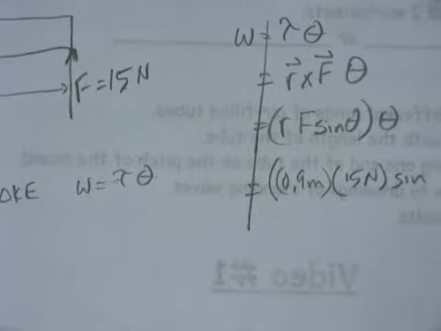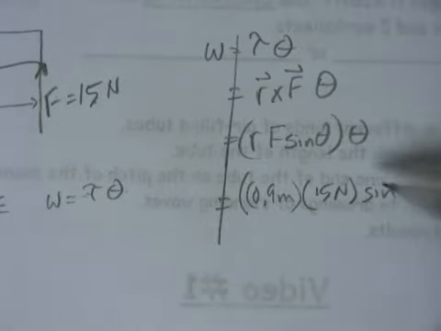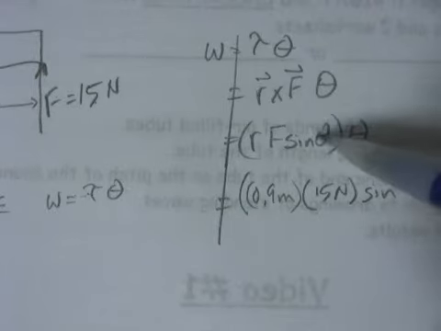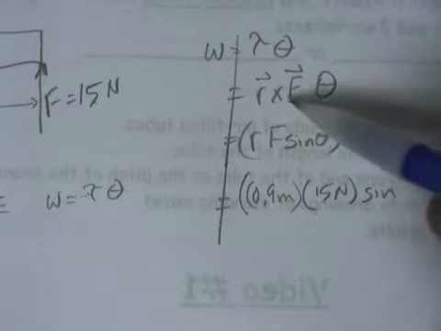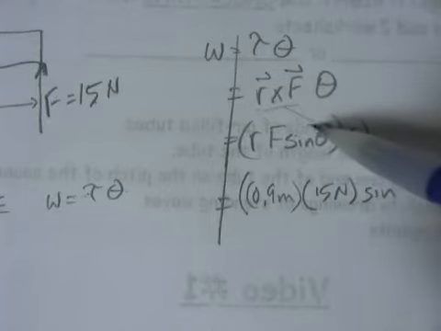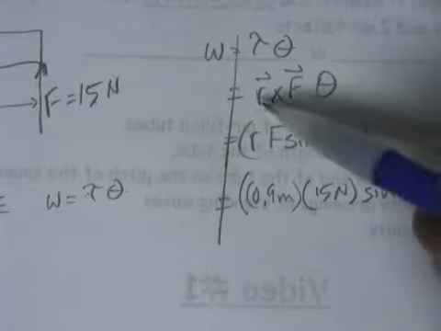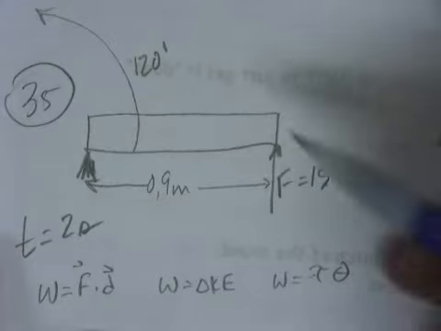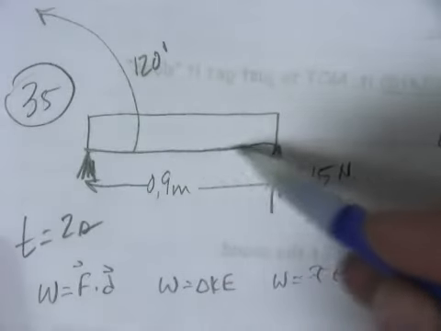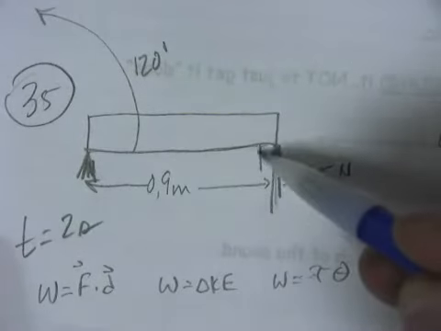Sine of. Alright, now the sine of business, it's sometimes kind of tough to figure out where this comes from. I usually just work the equation backwards. This theta came from R cross F. So this piece came down here. So that theta is the angle between the R and the F. And the angle between the R and F, here's your R, and there's your F. And so the angle between them is going to be 90 degrees.